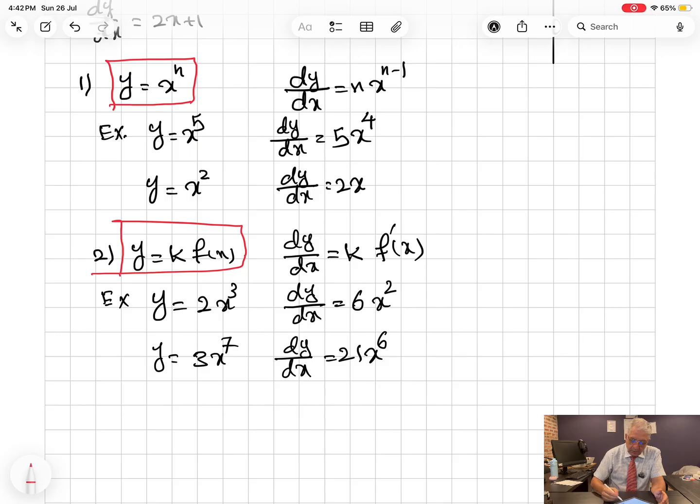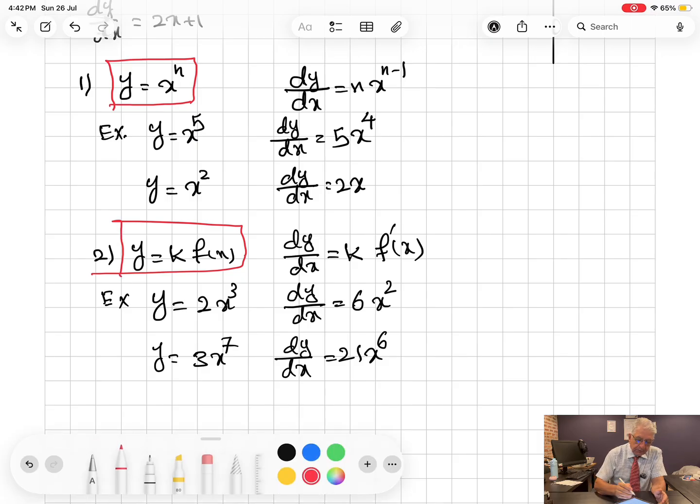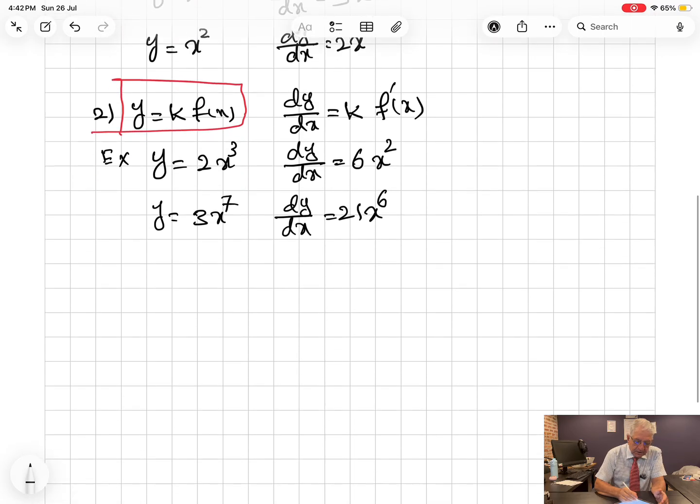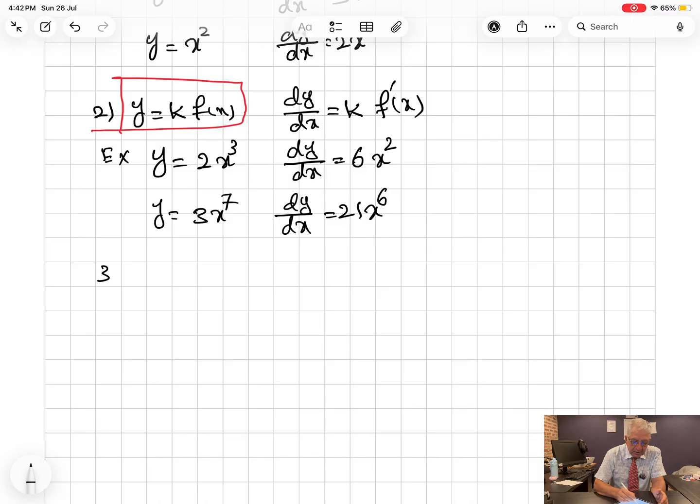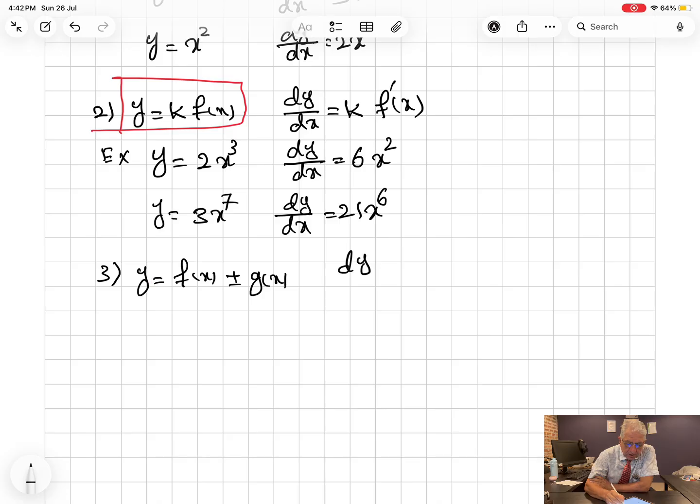Now, what is the third rule? The third rule says that if y is equal to f of x plus or minus g of x, therefore you are adding or subtracting two functions, then the derivative dy by dx is equal to the derivative of this, that means f dash of x.